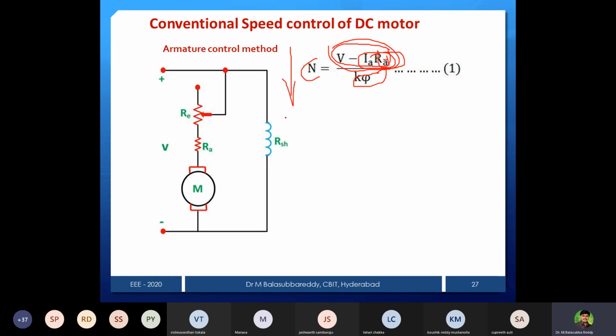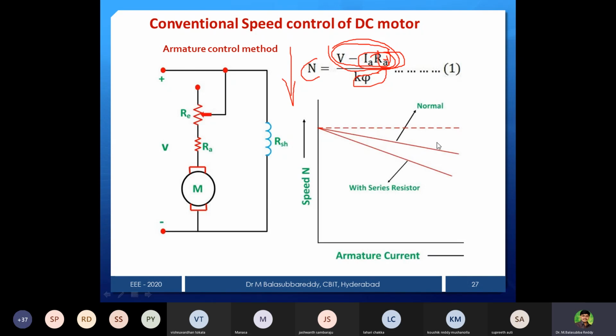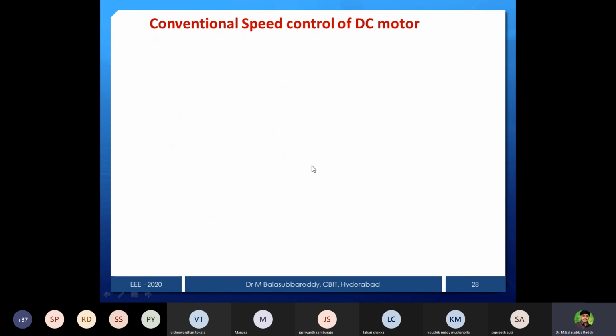How is this going to be replaced by our phase control rectifier? What is the difference and how will it benefit? This is the characteristic: normal speed, rated speed, and as you add resistance, speed gradually decreases. Similarly, field or flux control is also possible.